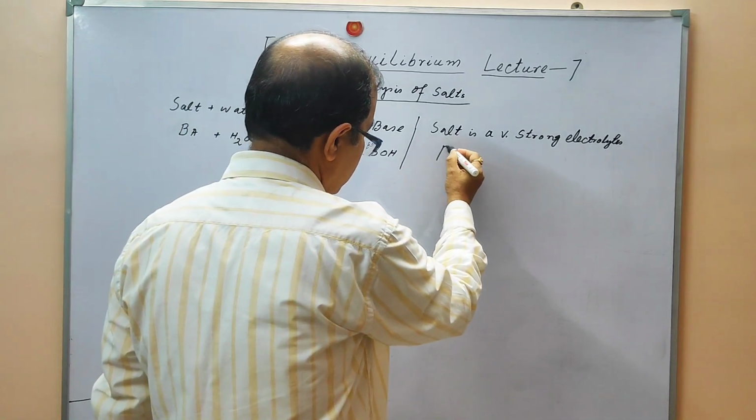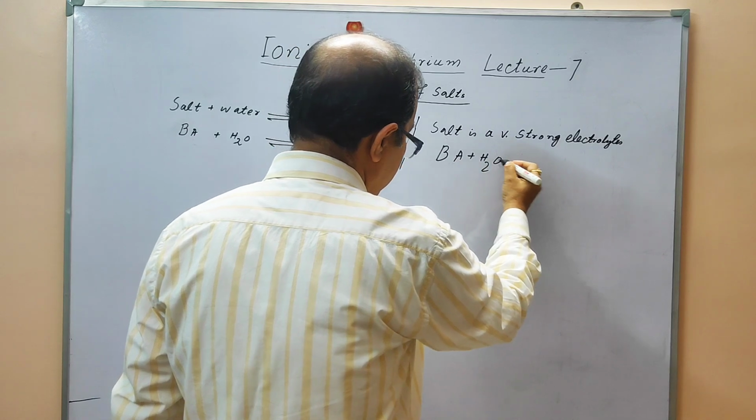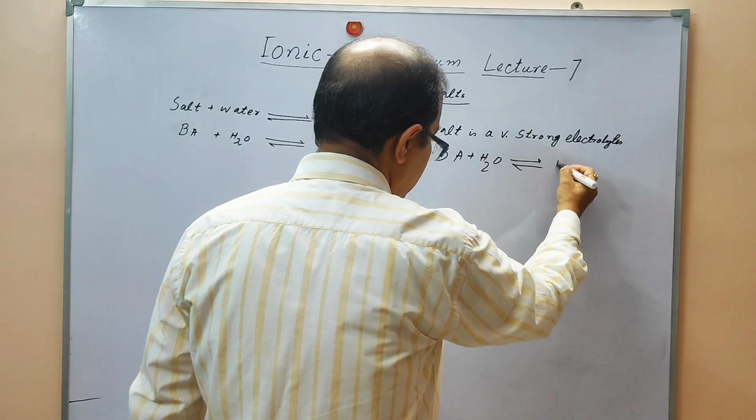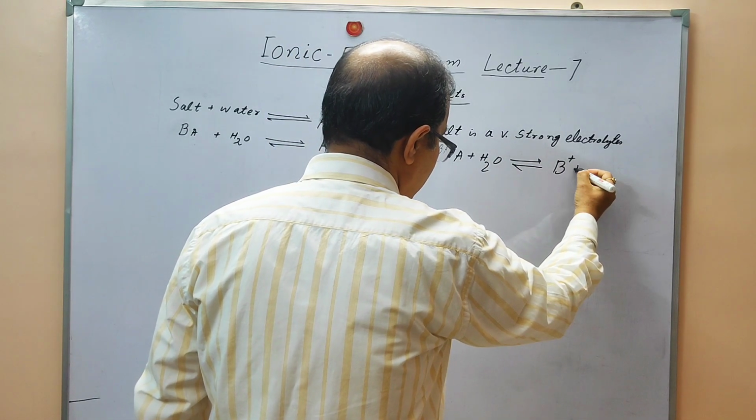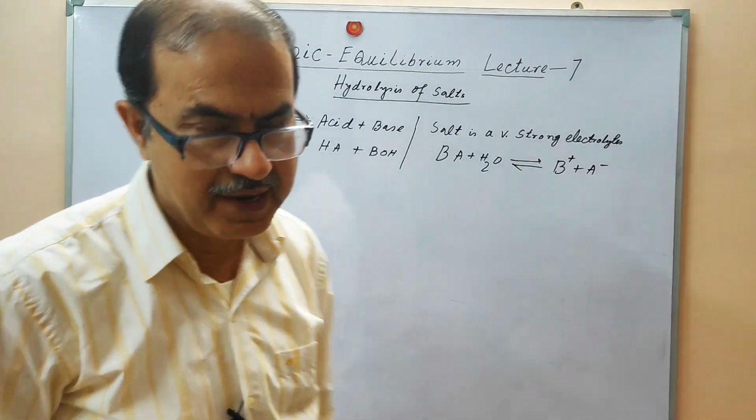Suppose this is a salt BA plus H2O. So what is going to happen? It is dissociated into the ions: one is cation, another is anion.